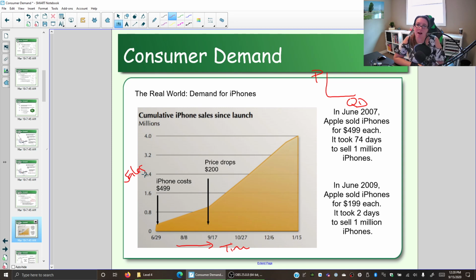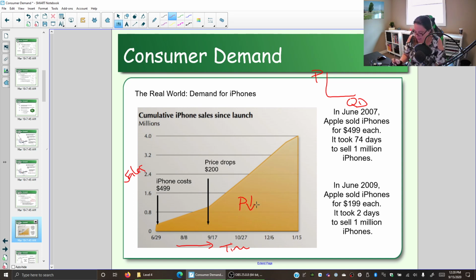So this is the iPhone, and in June 2007, an iPhone for $499 took 74 days to sell 1 million phones. In June 2009, they dropped the price of an iPhone to $199. Okay? It took 2 days to sell 1 million phones.